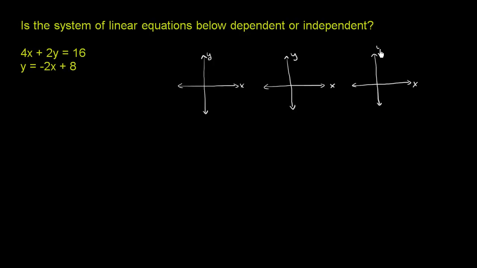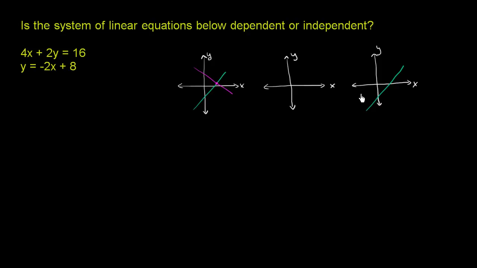X and y. So you can have the situation where the lines just intersect in one point. Let me do this so you could have one line like that, and maybe the other line does something like that, and they intersect at one point. You could have the situation where the 2 lines are parallel. So you could have one line that goes like that, and then the other line has the same slope, but it's shifted.